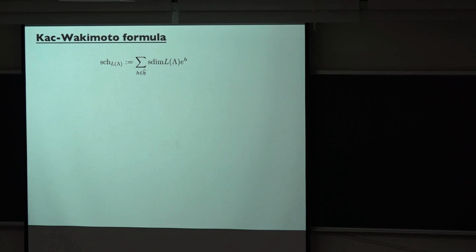The method to compute is the Weyl-Kac character formula, but I do not have so much time, 10 minutes. Recently, mathematicians proposed a very interesting formula known as the Kac-Wakimoto formula for the computation of the characters.